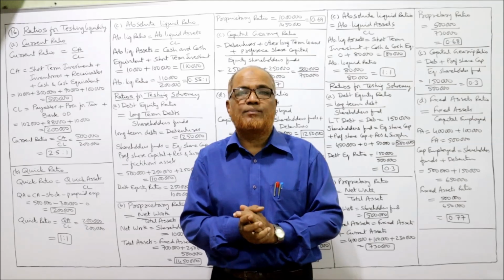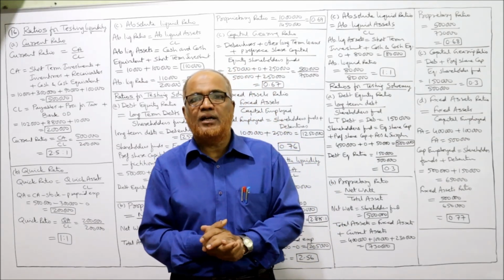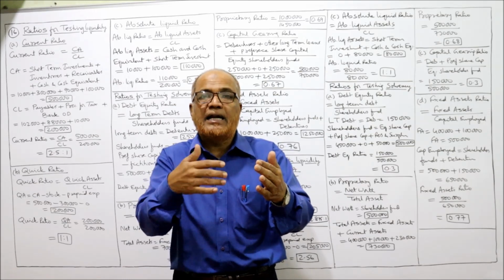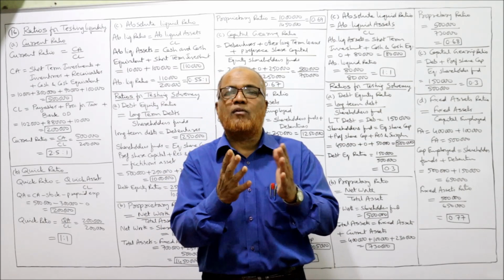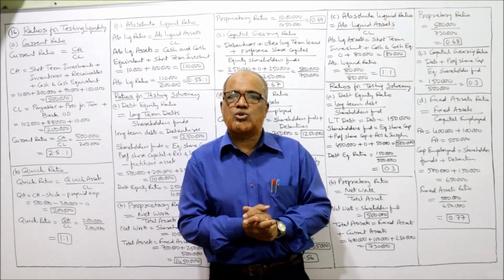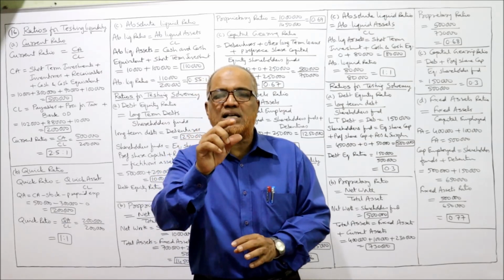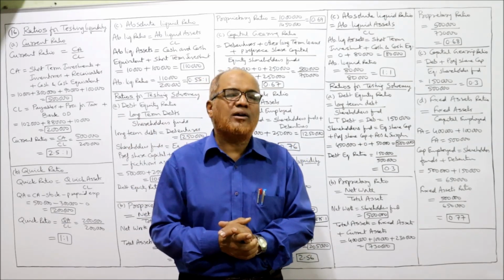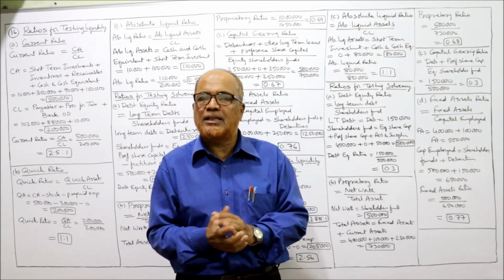You have to decide which ratios are applicable for testing the liquidity, which ratios indicate the long-term solvency, which ratios indicate profitability. You must know as a student. So from here onwards, the problems will just ask you to find out the liquidity position of the company, find out the profitability position of the company, like that.